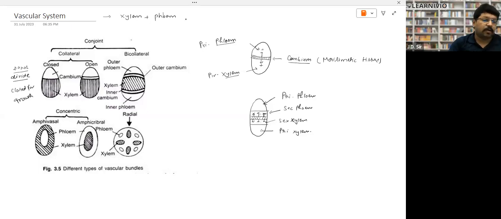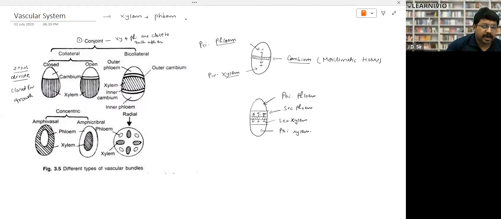Conjoint are those where the xylem and phloem are close to each other. Let me write it down. The first kind of vascular bundle is conjoint, where xylem and phloem are close to each other, or we can say xylem and phloem are at the same axis.